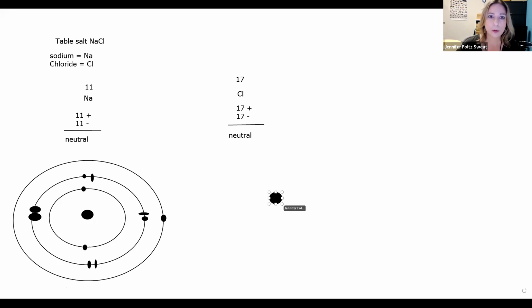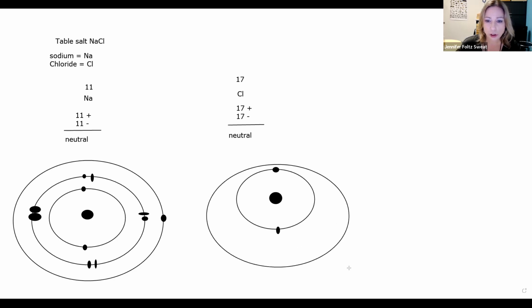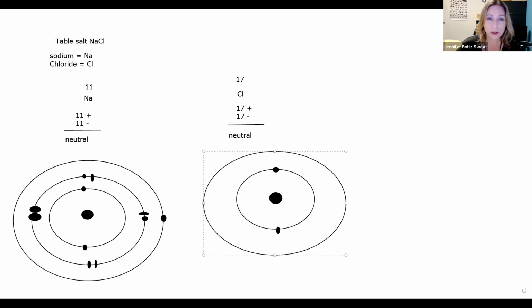Actually, I'm going to scoot that up a little. Here we have our first shell. 1, 2, now that's full. We go to our second shell and draw our electrons. I know my electrons all look kind of different here.